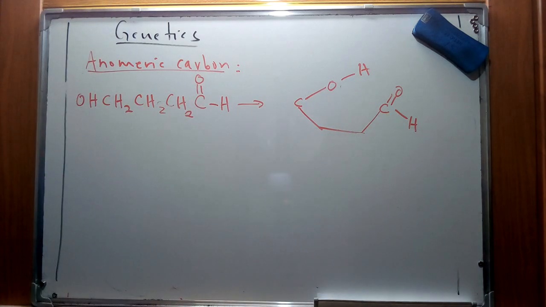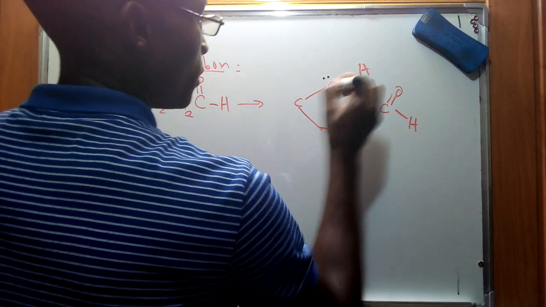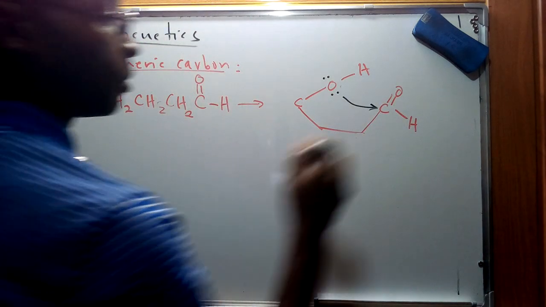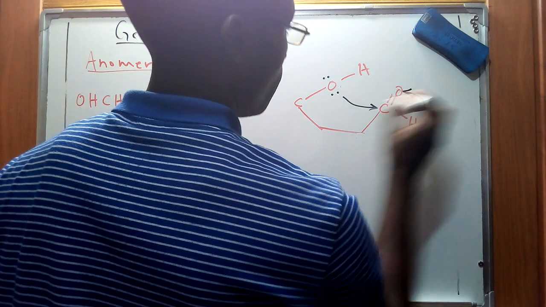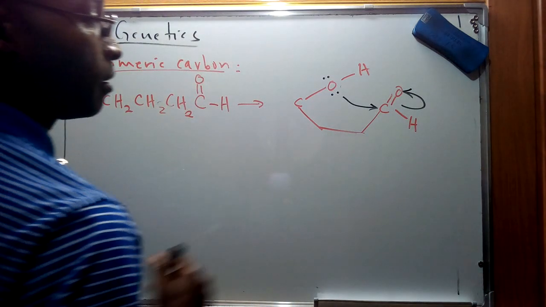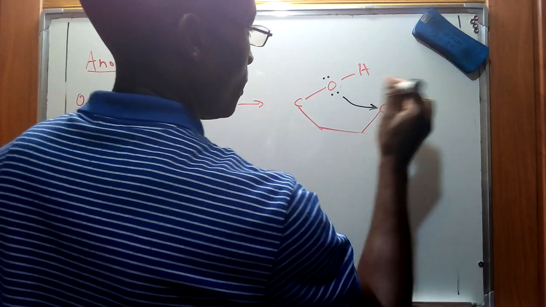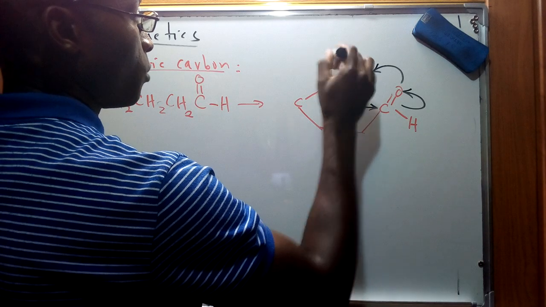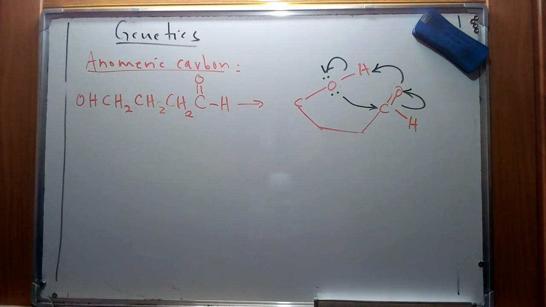That represents a rearranged formula for this compound, and therefore we're going to show the reaction mechanism which results in the formation of a cyclic form, whereby this oxygen containing those two lone pairs of electrons is going to make a nucleophilic attack at that carbonyl carbon. That bond is going to move in that direction, and the pairs on this particular oxygen are going to pick up that proton, and this is going to restore stability at that point.